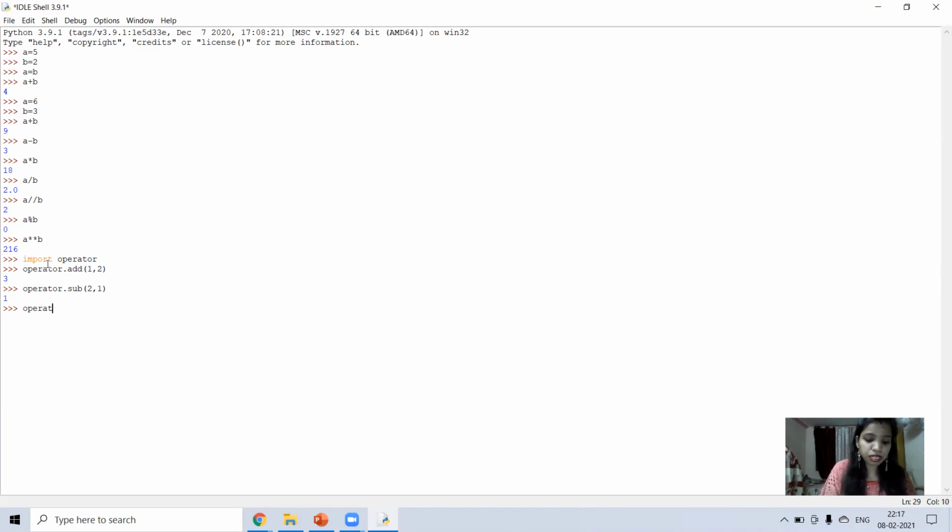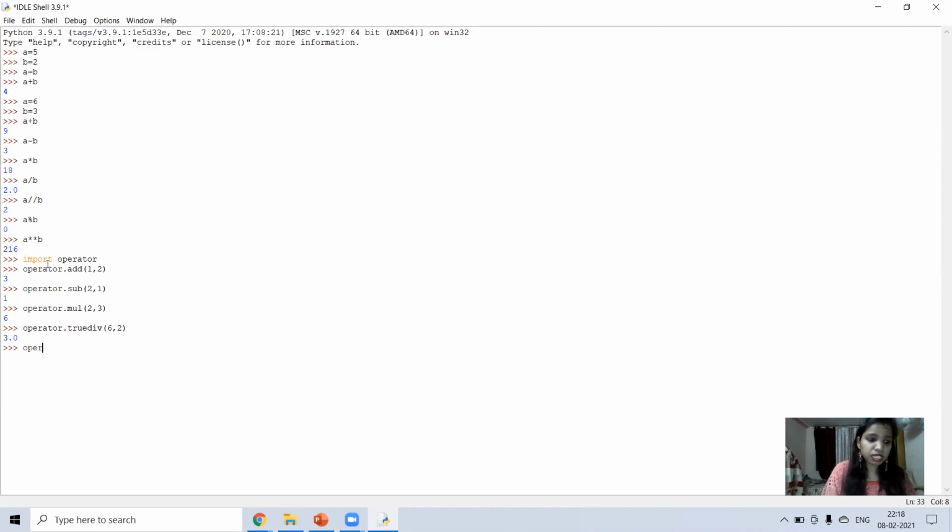If I use operator.mul, that is multiplication, 2, 3, the answer should be 6. Now for division, operator.truediv. Remember, in division, don't use div directly, it will show an error. So I'm using 6 by 2, the answer is 3.